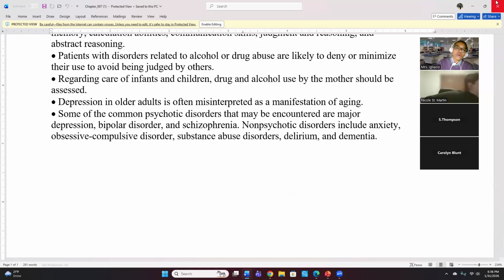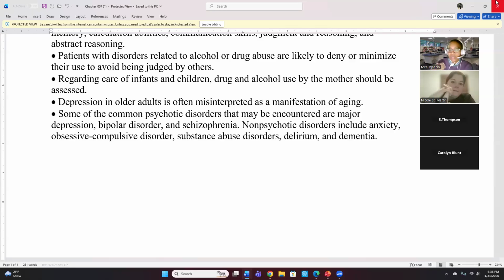Depression in your older adults could be misinterpreted as a manifestation of aging. Now we have to think, why would our geriatric patients become depressed? Well, the loved ones around them are expiring. Maybe they have a loss of independence. Maybe they can't drive anymore. Maybe they have a chronic disorder that they're managing, right?